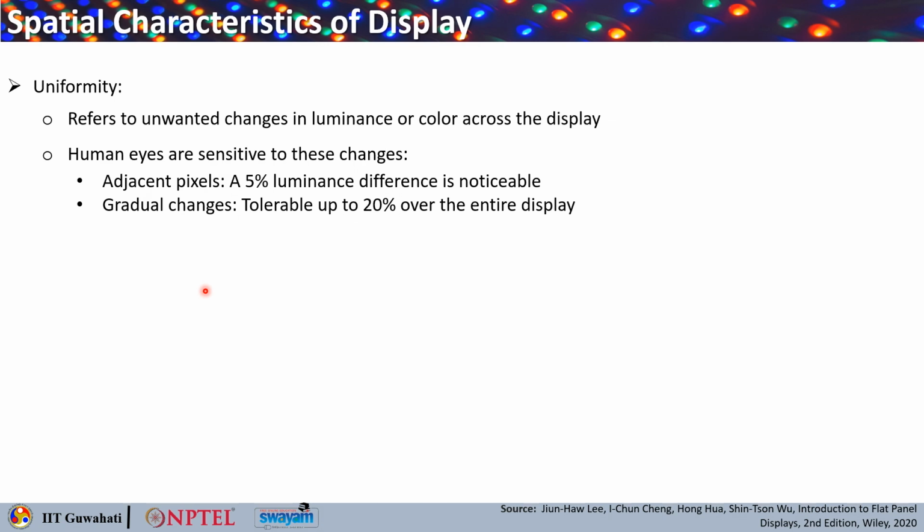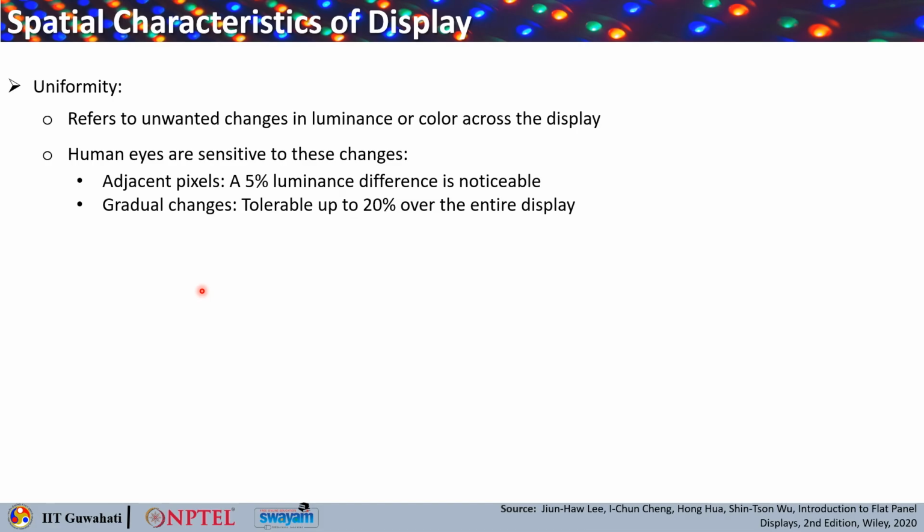Uniformity is one of the most important characteristics of display. It basically refers to unwanted changes in luminance or color across the display. You don't want a display where the same image is there, you expect the same color to stay there, but suddenly the color is bright on one side and dark on the other.